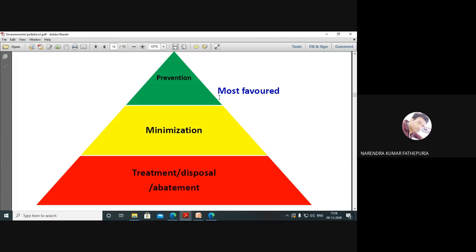If a particular industry is releasing a pollutant, like automobile industries, manufacturing and production sectors, and steel manufacturing industries, you have to replace at least 50% of the fuel, partially, by SDF and RDF fuel. SDF and RDF fuel are more renewable and sustainable, so we can prevent the pollution.